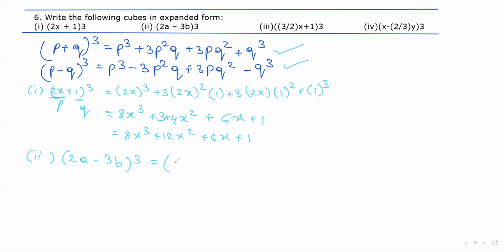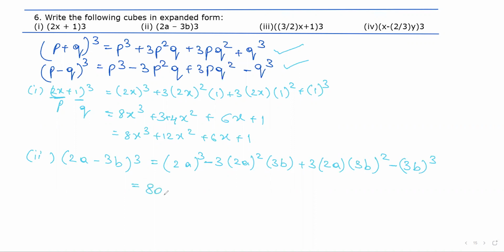So this can be written as first term, 2a, whole cube, plus 3 times 2a whole square into 3b plus 3 times, there should be a negative sign, 3 times 2a into 3b whole square minus 3b whole cube.